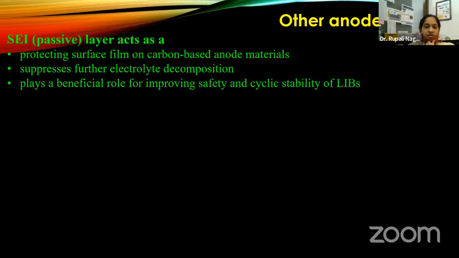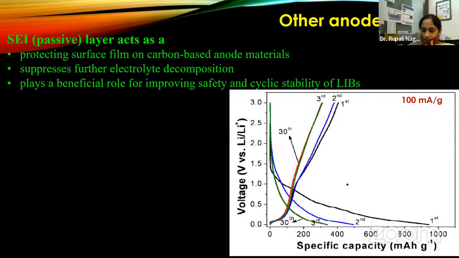So you can say that it forms a part of passive layer, and therefore it also suppresses further deterioration or decomposition of the electrolyte, and therefore it plays a beneficial role in improving the safety and stability of lithium-ion batteries.